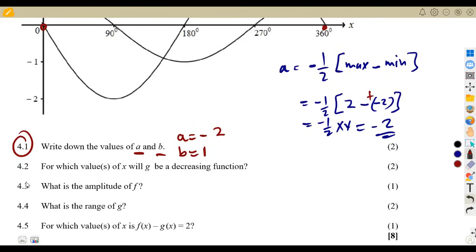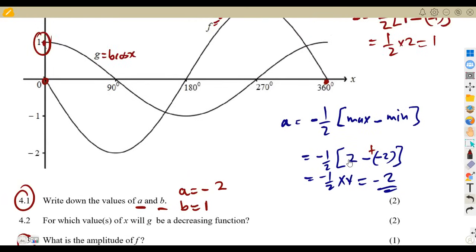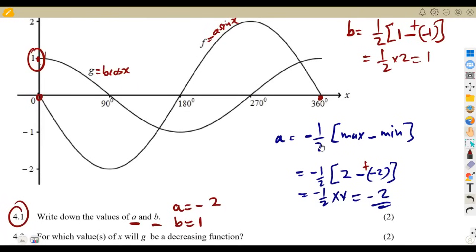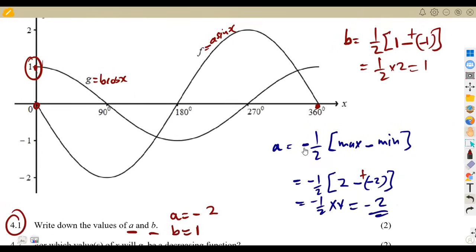All right, if you check this question, I'm going back to 4.2, but I want us to see 4.3. They're saying, what is the amplitude of f? We are using this method that you're talking about. This is not the amplitude, this one. Here we want the maximum, like the value of A and B. If you are using amplitude, there is no negative that you use. The amplitude is directly half of maximum minus minimum. All right, that is the condition of the amplitude.